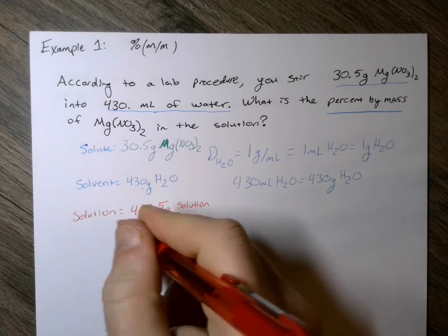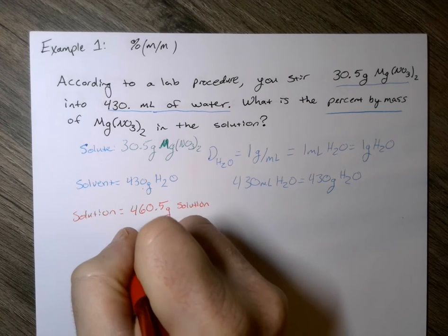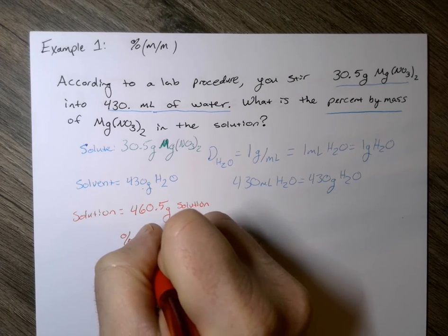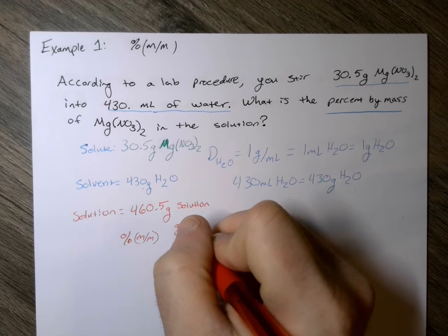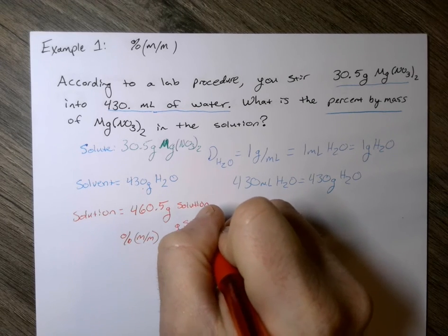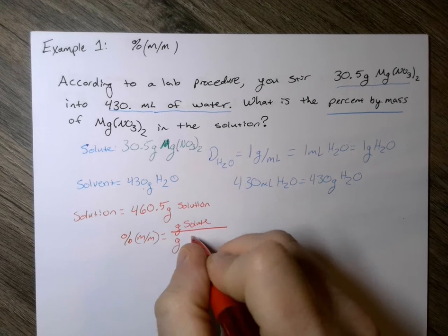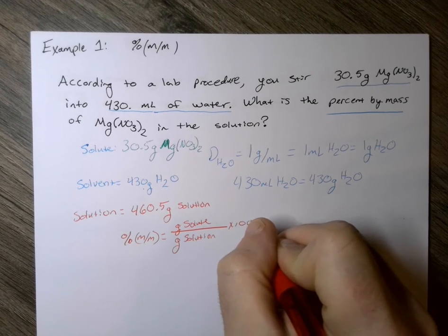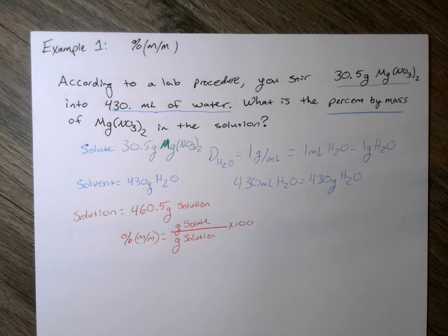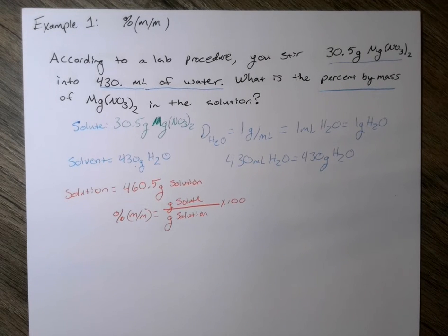The reason I need the solution is because when I do percent by mass, I have the grams, or the mass, of my solute divided by the mass in grams of my solution, the total, times 100. So given that information, we can now solve.